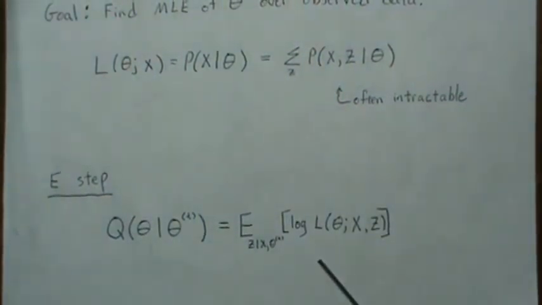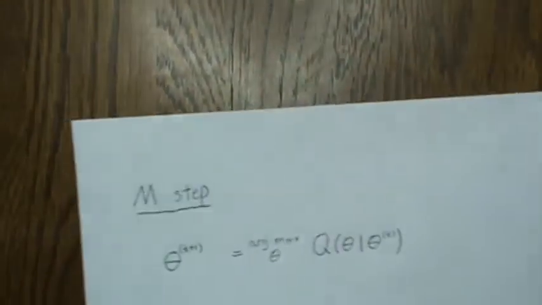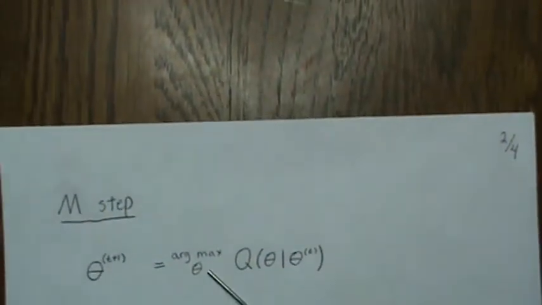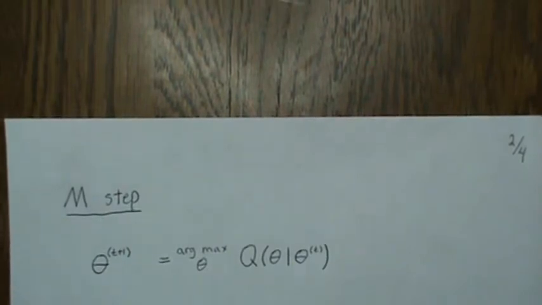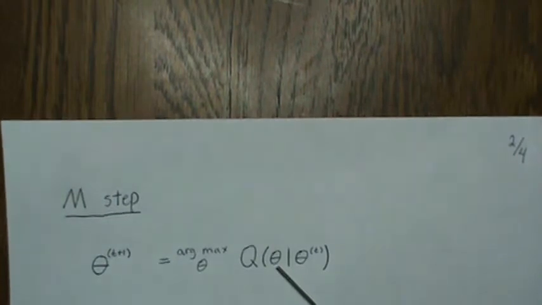Theta t is our initial guess for our parameter, and in the EM algorithm we have to have an initial guess, and then each step improves that initial guess. Then the M step is we take our Q that we just found, the expected value, and we maximize it over all possible theta.